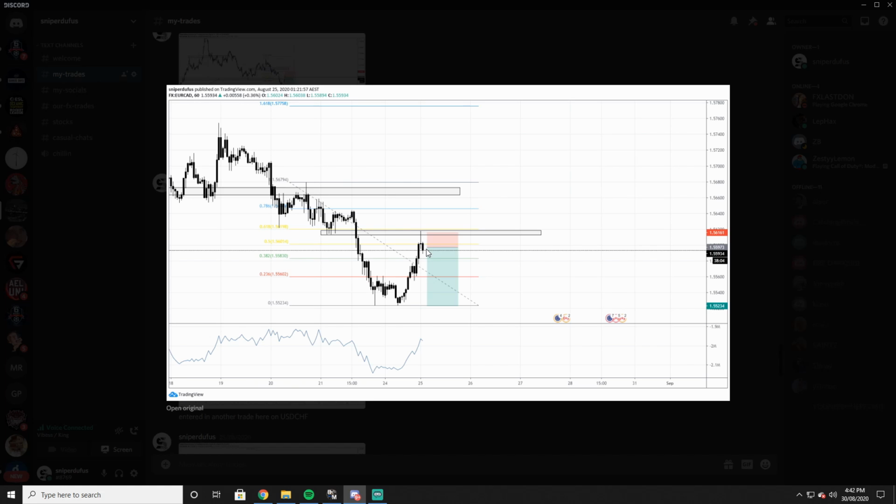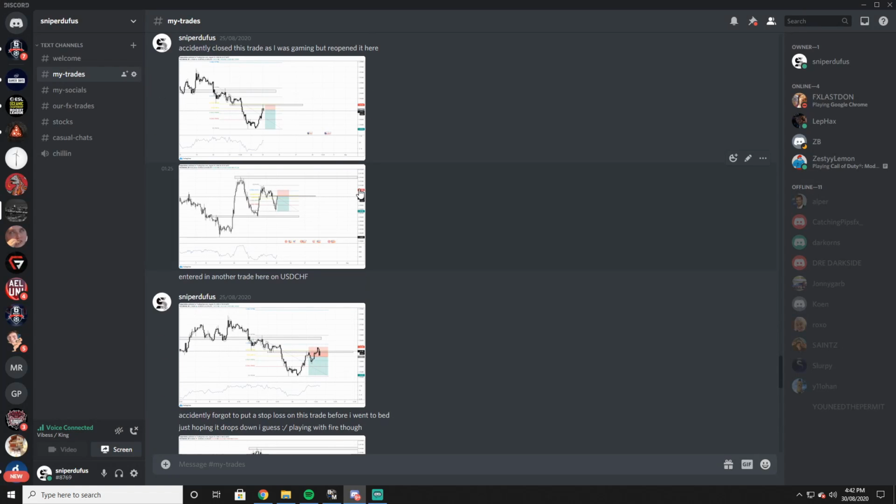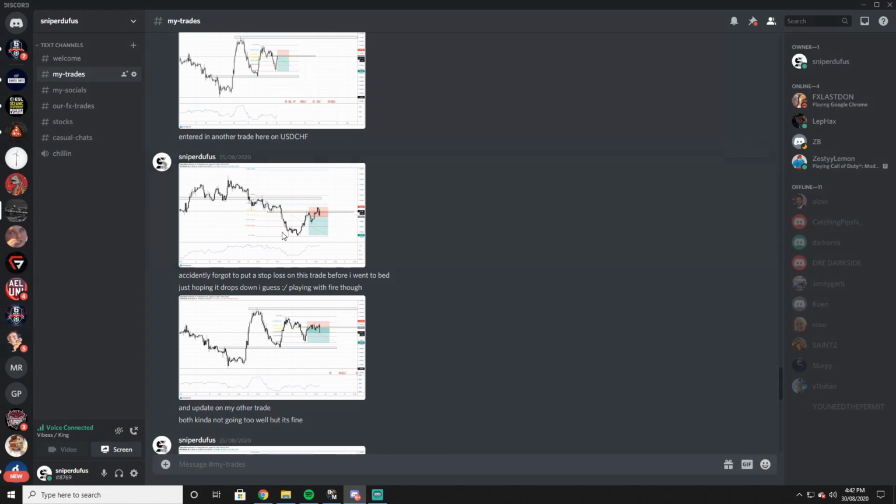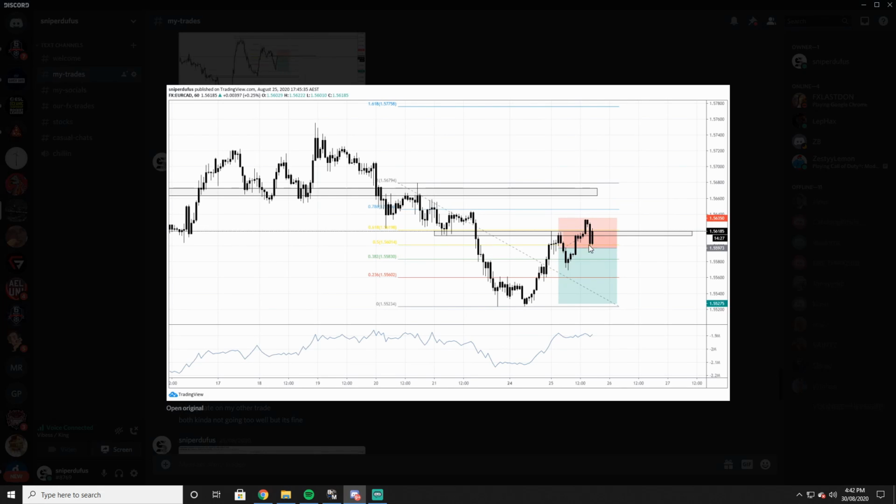So I quickly reopened it, and here we can see that I ended up closing it because it started coming back up, and I didn't really like this position, so I closed it before the stop loss. That was the trade that I took there.